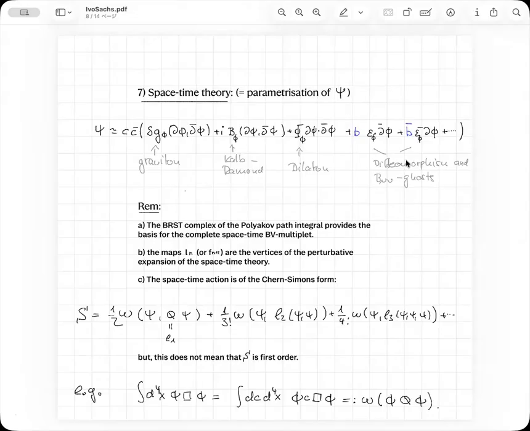And as I said, these vertices that we've written above, the Fn's or the Ln's, they are the vertices of this perturbative expansion of the action in space-time. So finally, the form of the action which you get looks like this. So we have this inner product, and then you get psi cube psi.